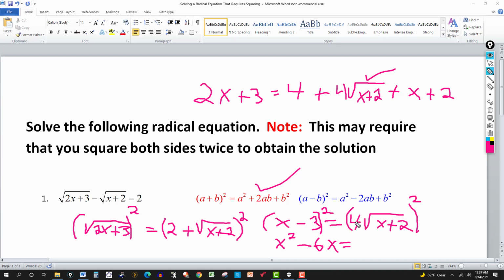So the 4 gets squared, that's going to give me 16. And then the radical gets squared, that eliminates the radical, and that becomes just x plus 2. Okay, and I have to multiply by 16. So that's going to give me a 16x on this side plus 32.